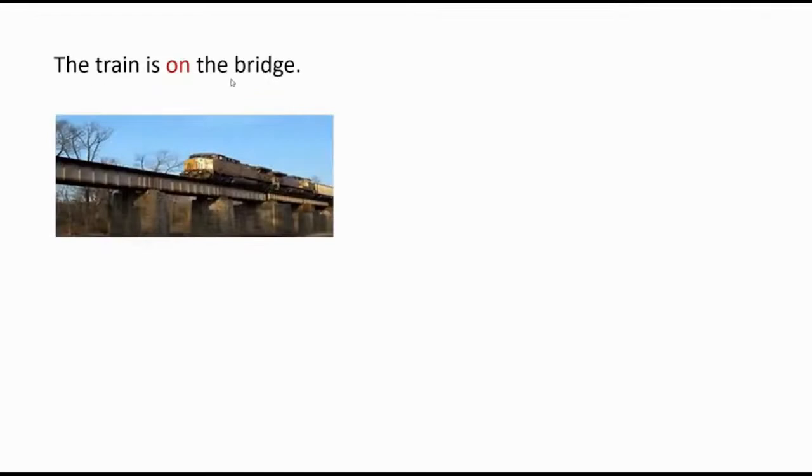The train is on the bridge. Okay, so that's a preposition of place, on. And for the movement, for the action, we say the train is going across the bridge.